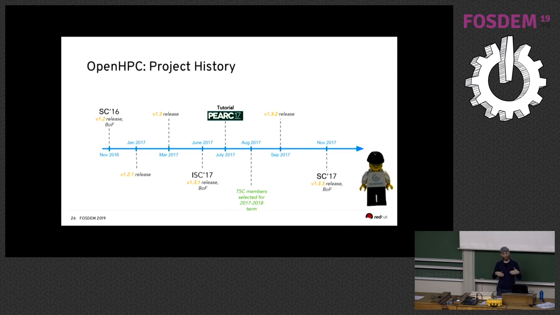Since then we continuously have a release, probably every quarter. So we update the software and do a new release. And the latest release, which was released in November, is 1.3.6, and currently we are working on the next, which is 1.3.7.